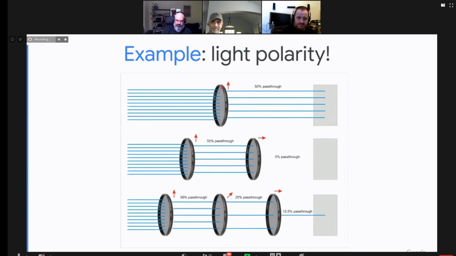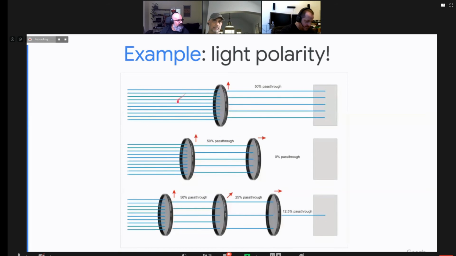What we're seeing right here is an actual quantum experiment that you can do at home. Light has these two states to it, and it's called polarity. And polarizing filters are a way of making a measurement on light to see what kind of polarity it has.